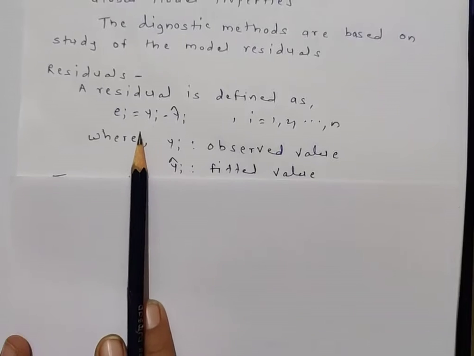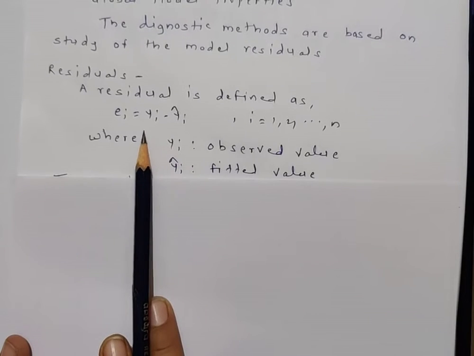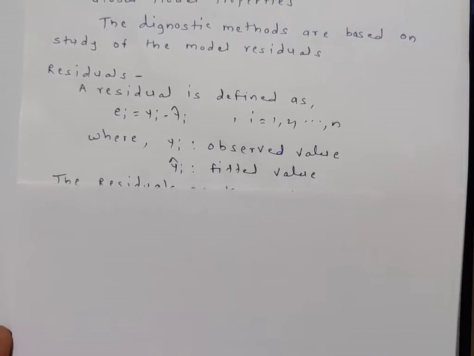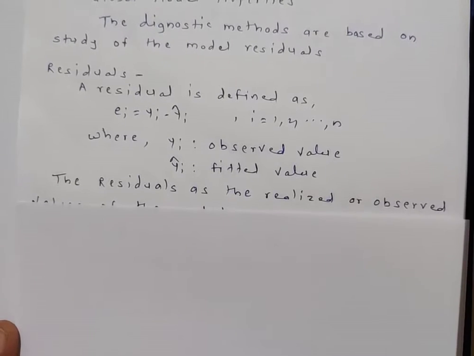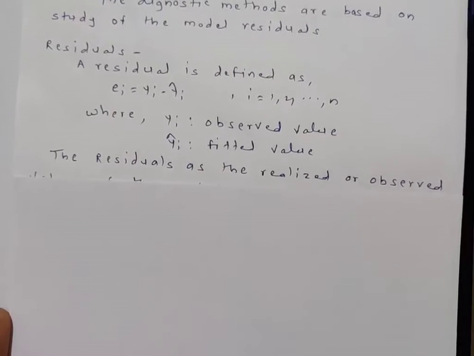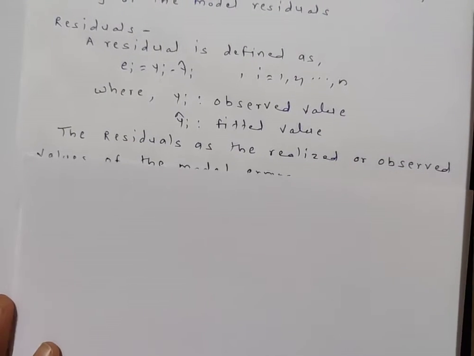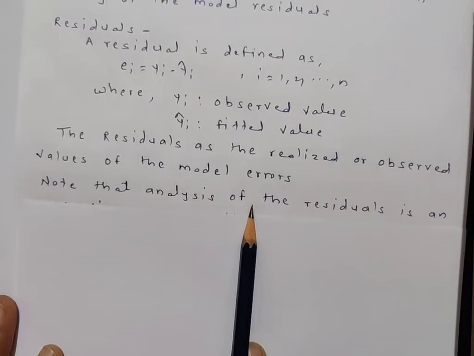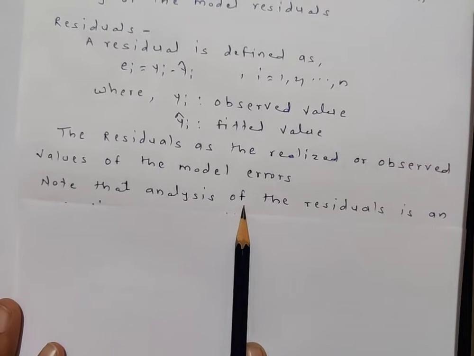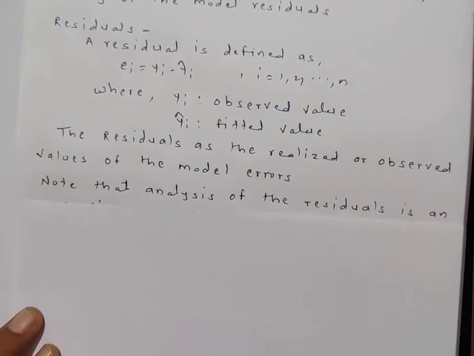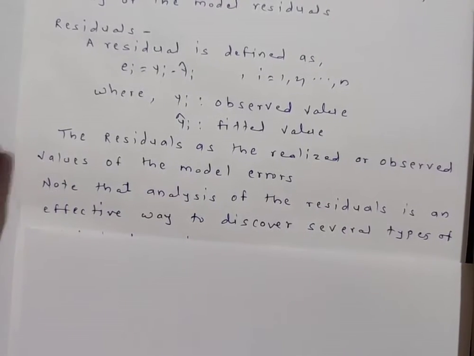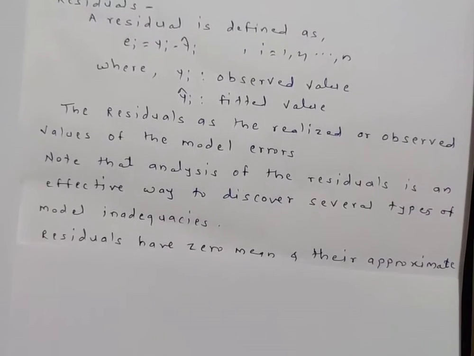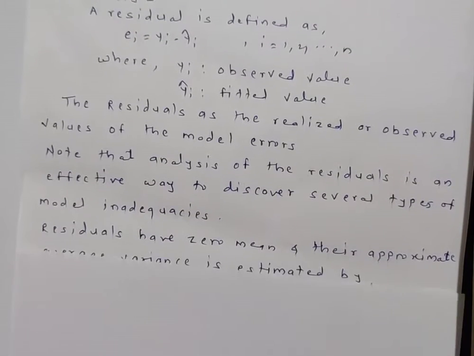Since I have n number of observed and fitted values, I get the residuals as n values. Over here the residuals are the realized or observed values of the model errors. Note that analysis of the residuals is an effective way to discover several types of model inadequacy.